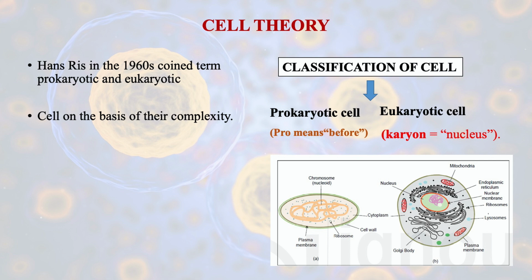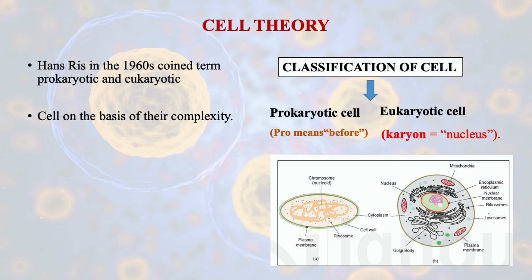You can see here the prokaryotic cell structure is covered with the plasma membrane, and the DNA, which is the genetic material of the prokaryotic cell, occupies a region of the cytoplasm which is called the nucleoid.